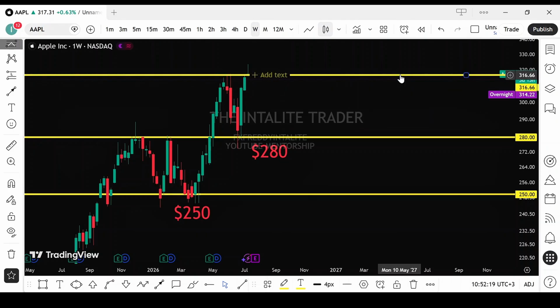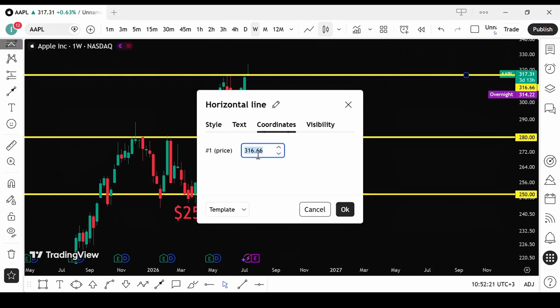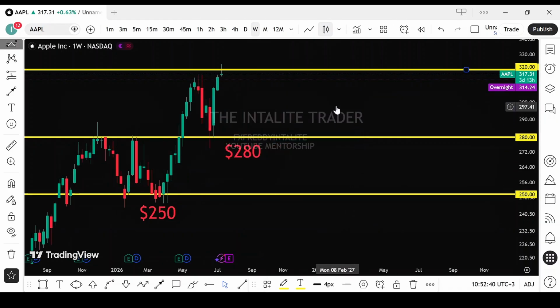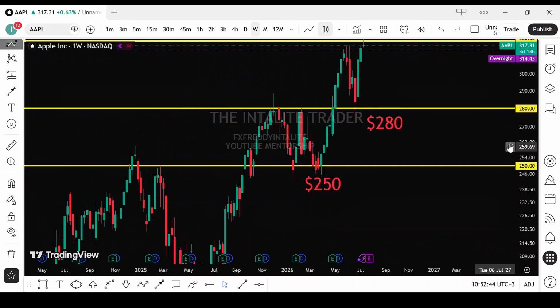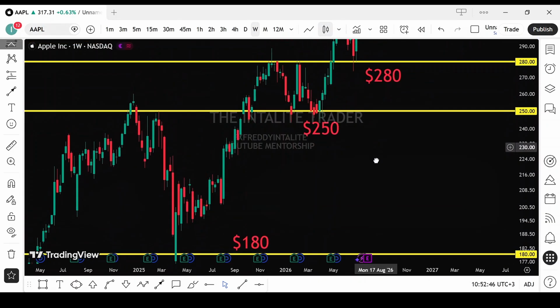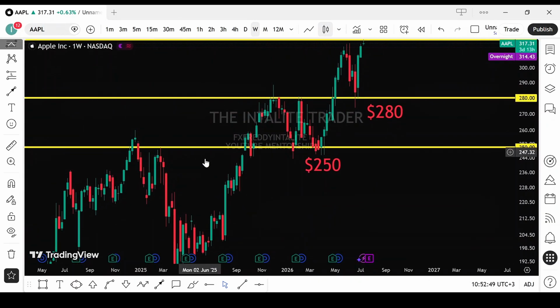Which price level is it? Let's say this is the 320 level. So these round whole numbers, the market does respect them.